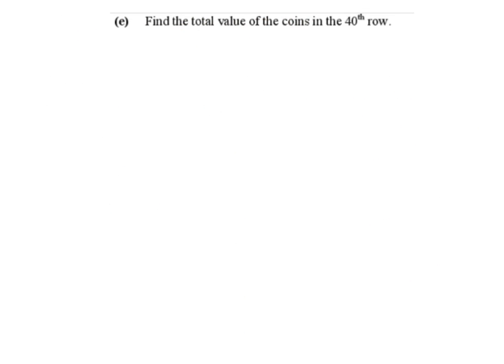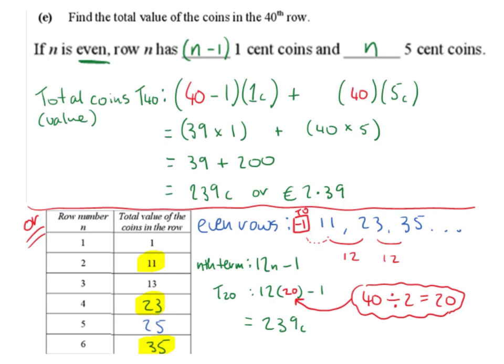Find the total value of the coins in the 40th row. So again, we're going to use this statement that we got from the previous question. If n is even, row n has n minus 1 1-cent coins and n 5-cent coins. So the total value of coins in the 40th row is going to be n minus 1 multiplied by 1 cent and n multiplied by 5 cent.